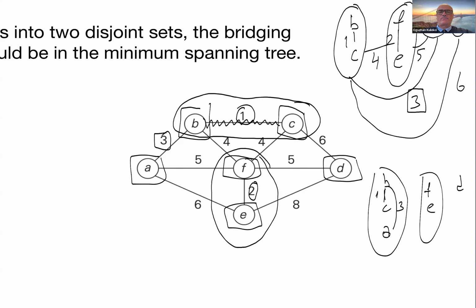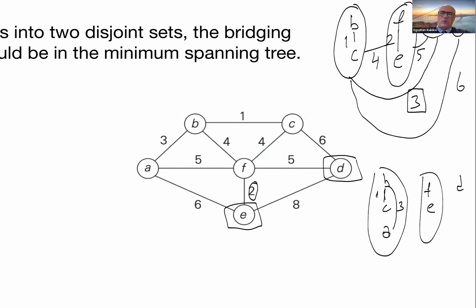Now I will consider, let me get these ones out and make it more concrete. So what I have so far selected, I have selected this one, and this one is also selected, and this one is also selected.